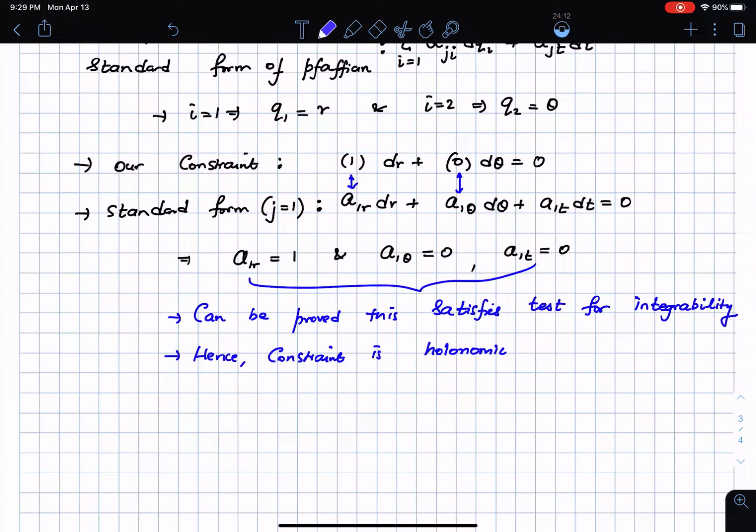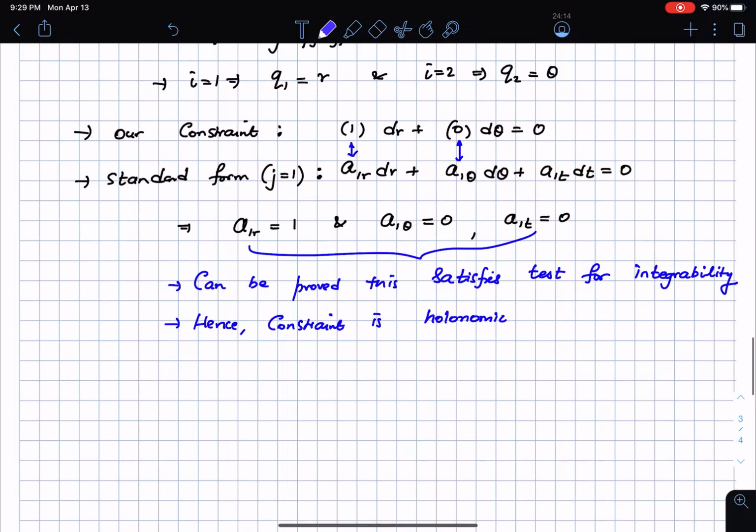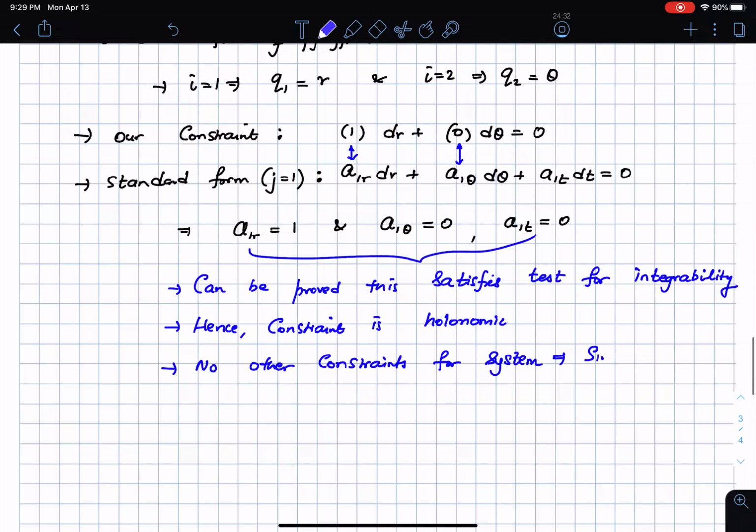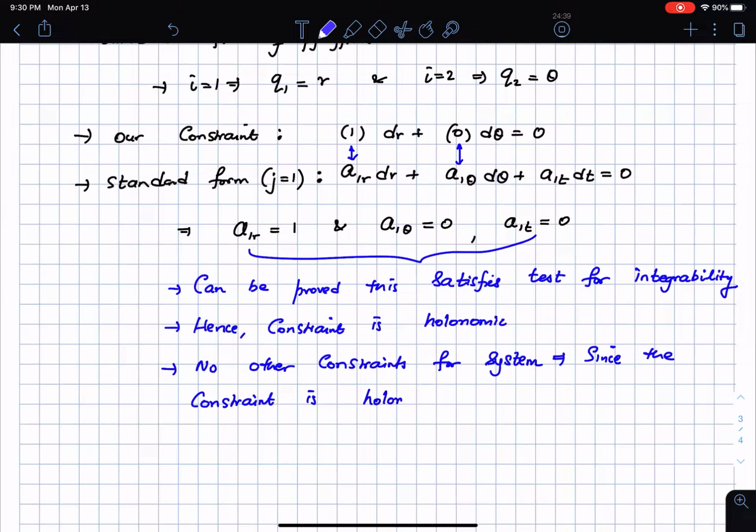There are no other constraints for the system, so the system is holonomic. Since this is the only constraint and the constraint is holonomic, the system is holonomic.